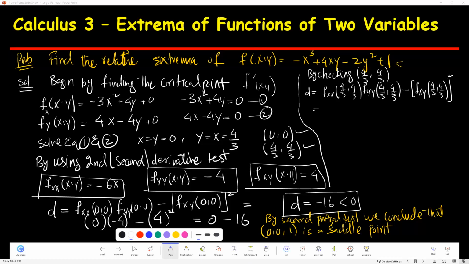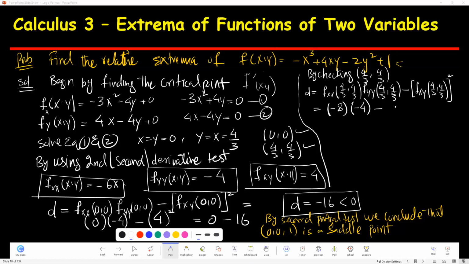Okay, so this one, if I put 4 over 3 here, is going to be minus 8 after simplifying. And this one is just minus 4. There is no x and y value, so really it doesn't matter. I'm just going to type here minus 4. And then minus, right?